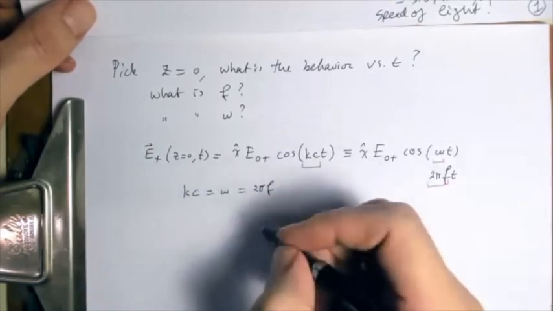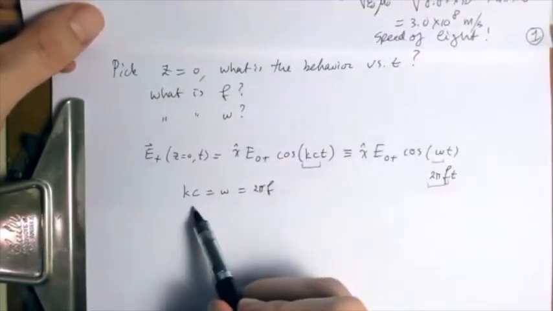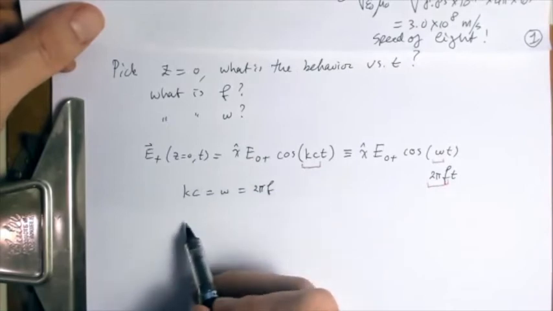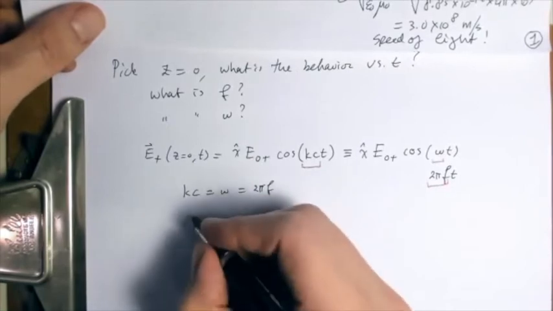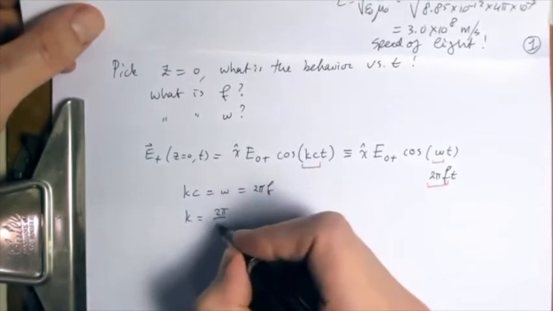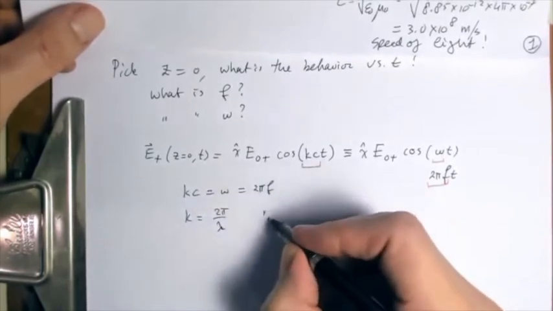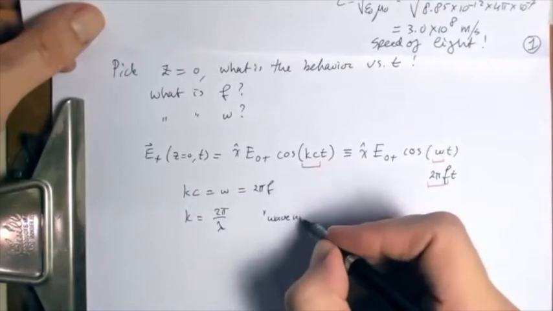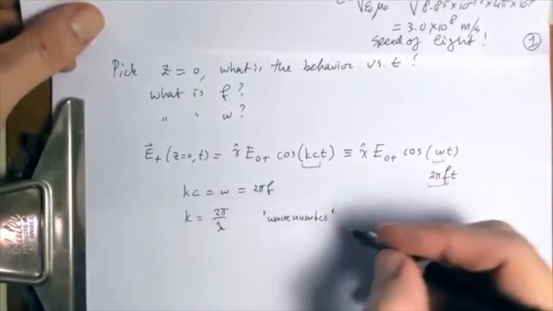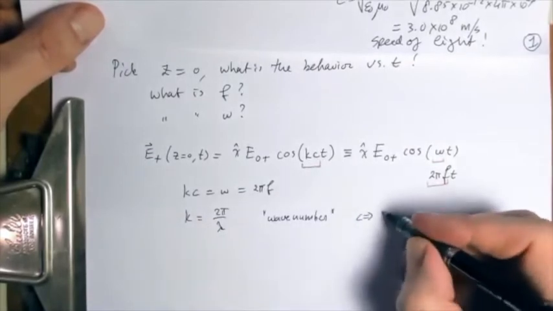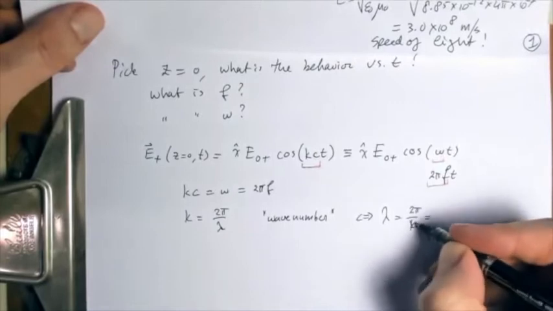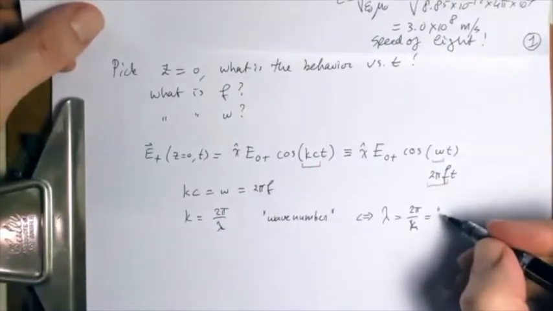So putting everything together, we have kc is omega. We also have k is 2 pi over lambda, that's the wave number, or lambda is 2 pi over k, that's the wavelength.